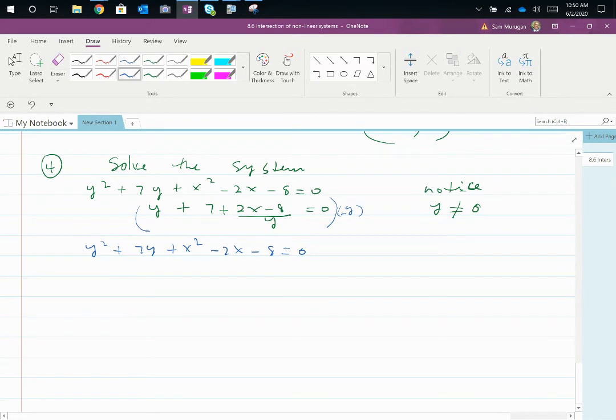So negative y times positive y is negative y squared. Then 7 times negative y is negative 7y. And then negative y would cancel out with y on the denominator, and the signs would change, because we would have 2x minus 8 over y times negative y, which would cancel out. So this would be negative 2x plus 8.